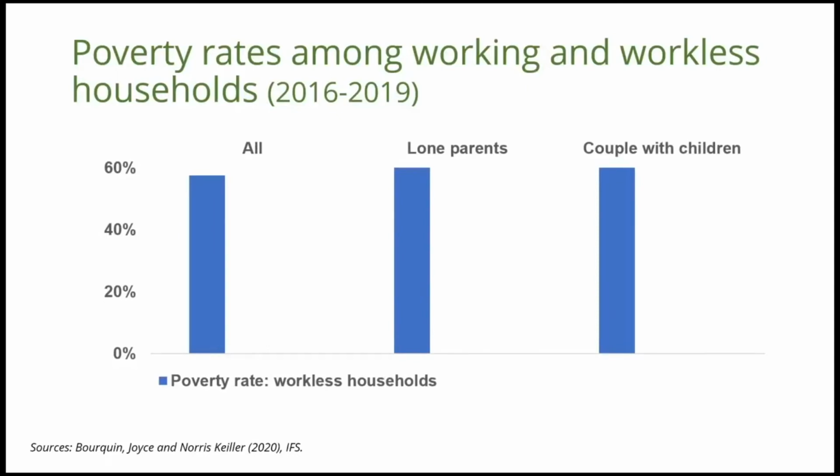And COVID, of course, has hit households and occupations that are more likely to be in poverty harder than wealthier households. If we look at who was in poverty in the UK by work status prior to the pandemic, we see that households that were workless were the most vulnerable to poverty, with around 60% of households that didn't have work being in poverty.